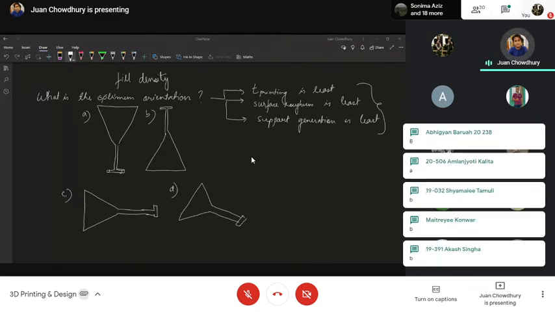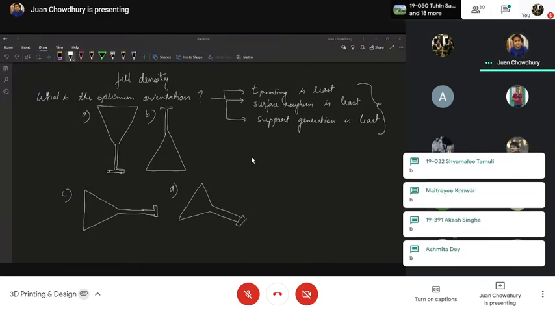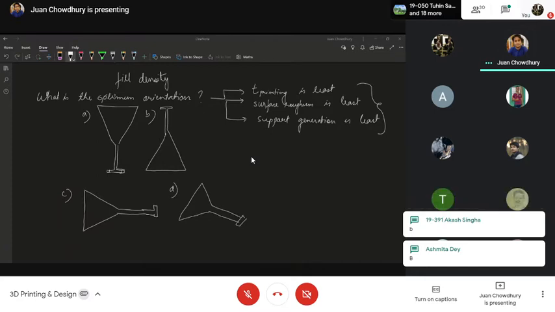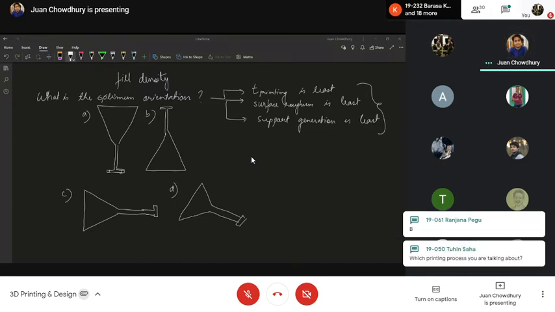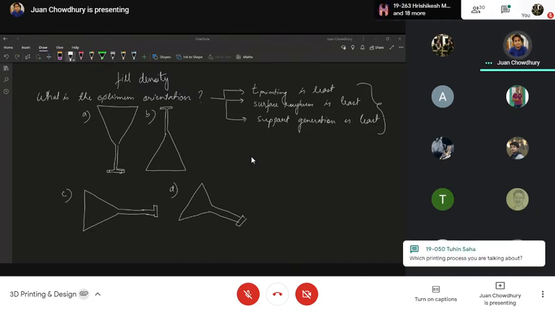A lot of votes going to B, one A, B, B, B. Which printing process? That's a good question.